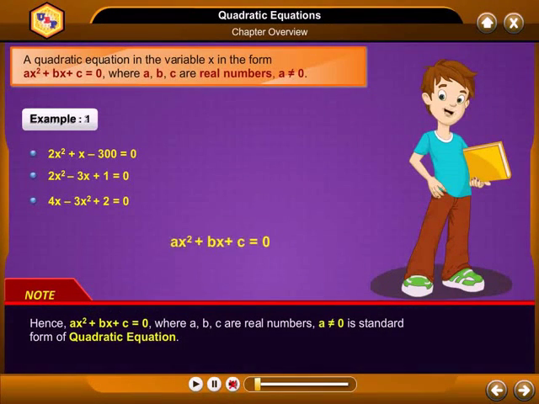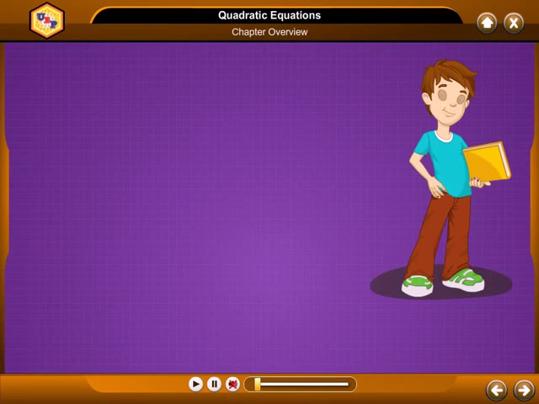Hence, ax square plus bx plus c is equal to 0, where a, b, c are real numbers, a is not equal to 0, is the standard form of a quadratic equation. Quadratic equations arise in several situations around us in different fields of mathematics. Let us consider a few examples.